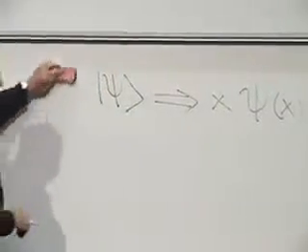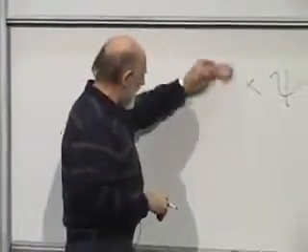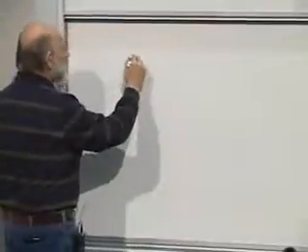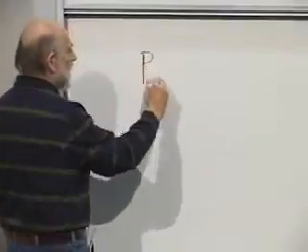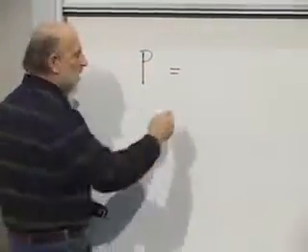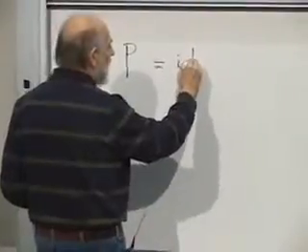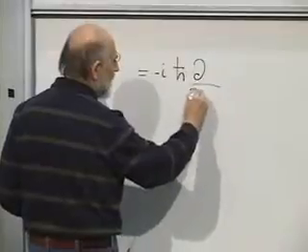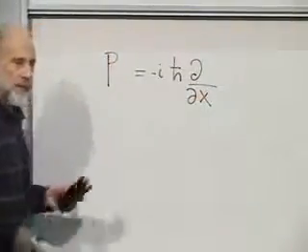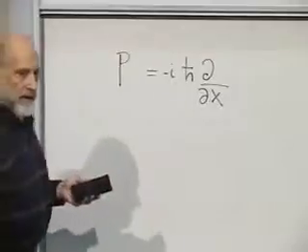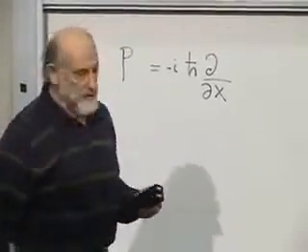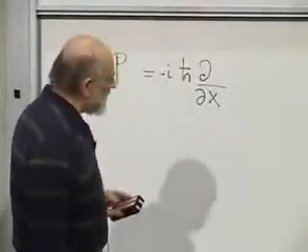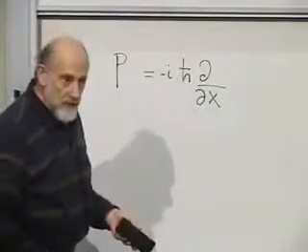I'm interested now in the momentum operator. The operator which represents momentum, we discussed it last time. Let's call it P. It's minus i h bar times d by dx. Now what this really means is that the abstract operator, when it acts on abstract vectors, has the same action as minus i h bar d by dx when it acts on functions of x.